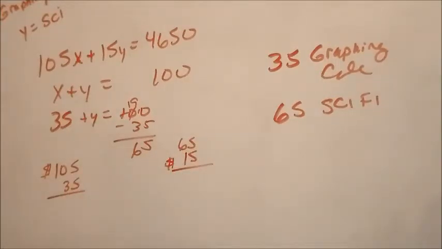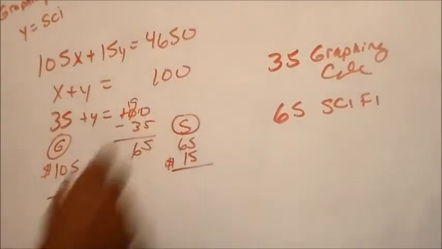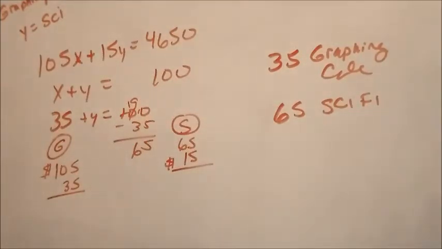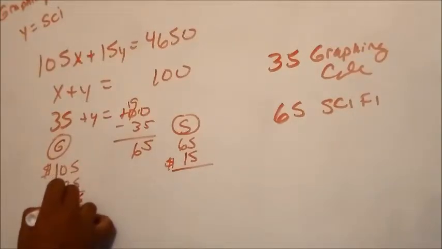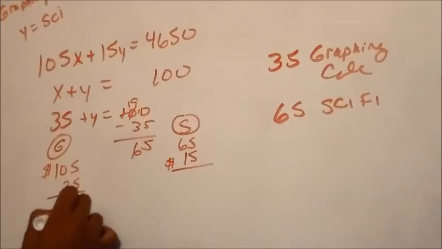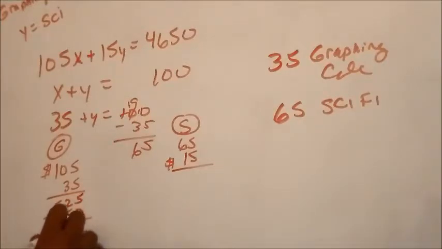At any rate, this is G for graphing calculator cost, and then S for scientific calculator cost. Okay, so 25, 0, 2, 5, 0, 15, 0, 1, 3, 6, 7, 5.